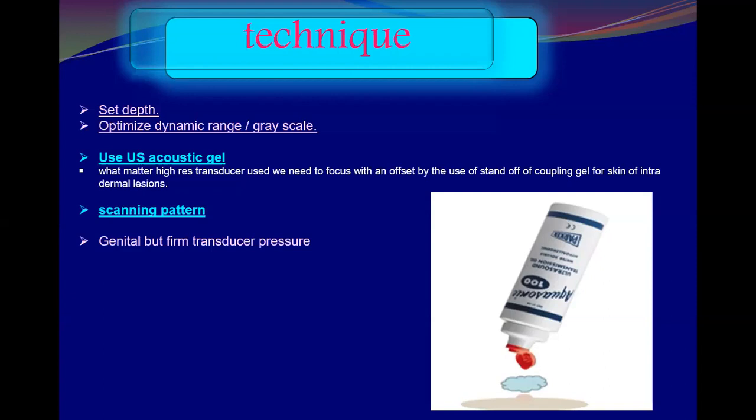When you scan radial, you will go circular. Longitudinal and transverse. Excellent. Well done. What is the name of this longitudinal and transverse? You remember?